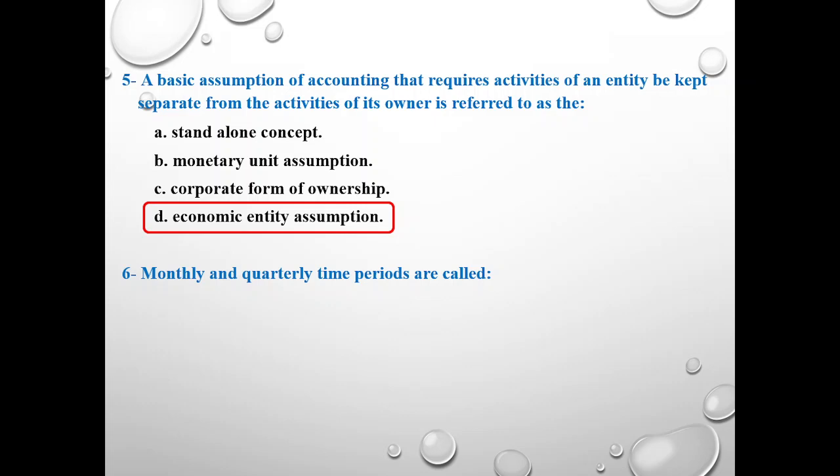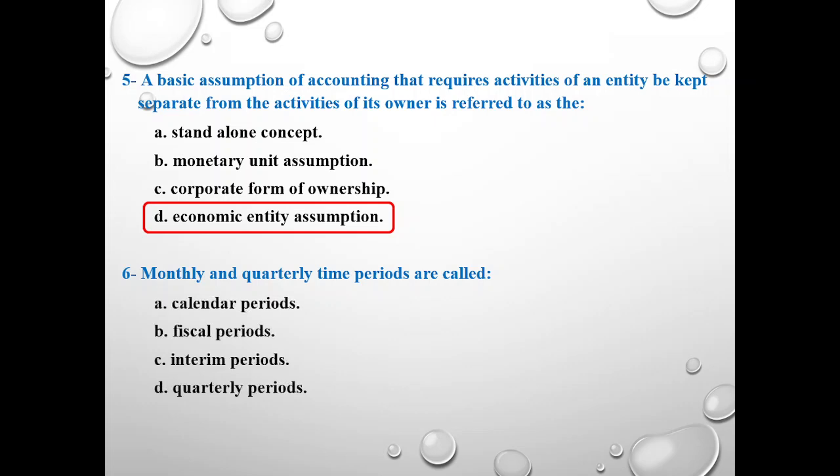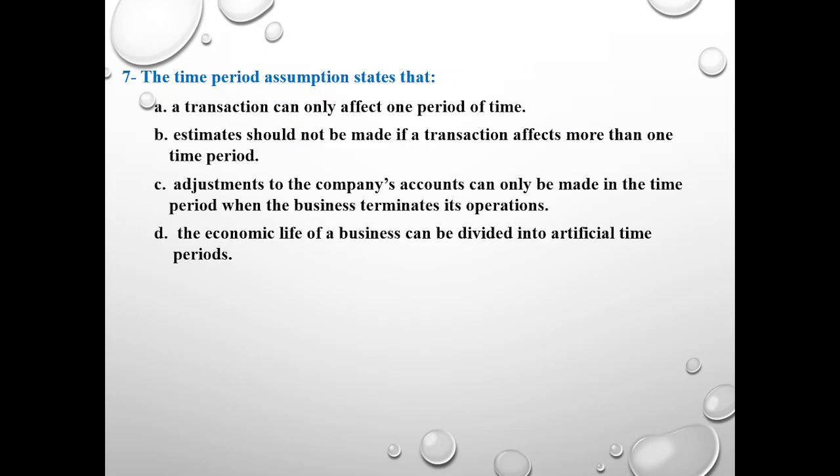Monthly and quarterly time periods are called interim periods. 7. The time period assumption states that... Time period assumption or periodicity assumption. That assumption that divides economic life of a business into artificial time periods to prepare financial statements.